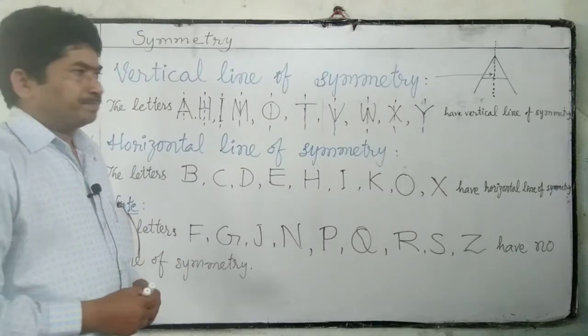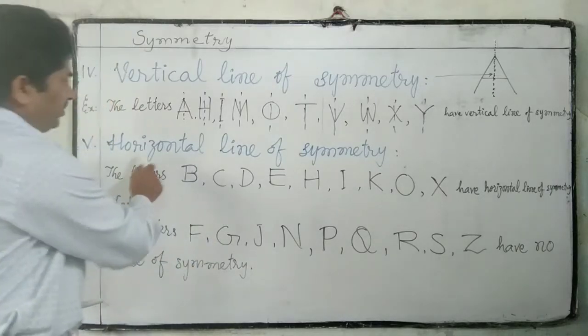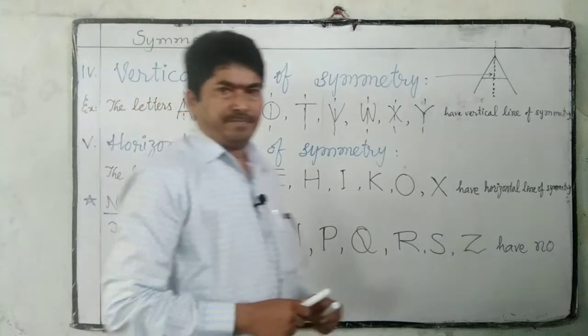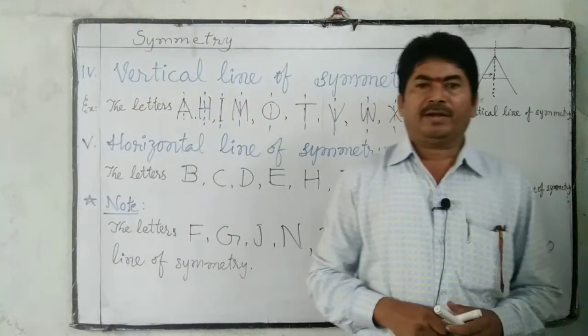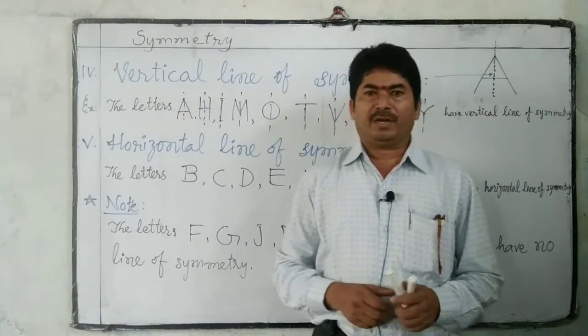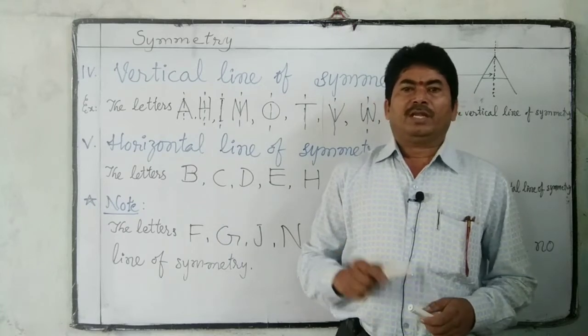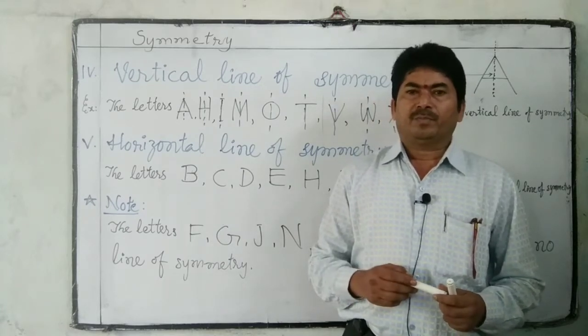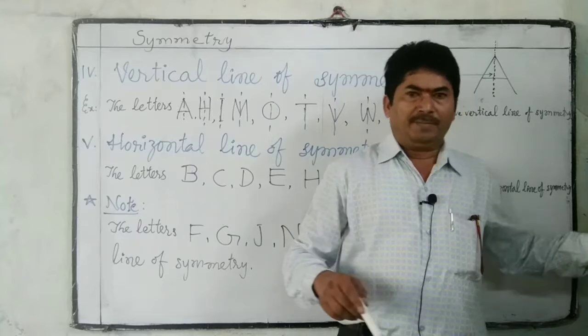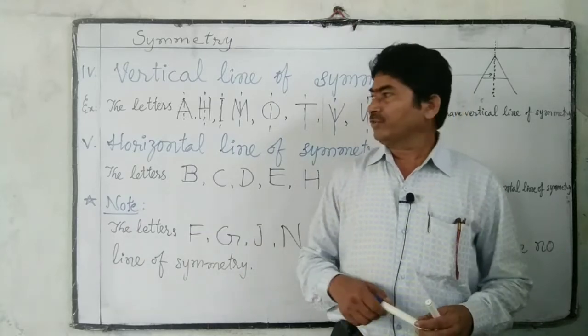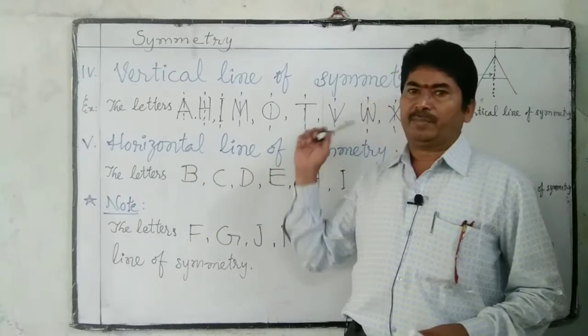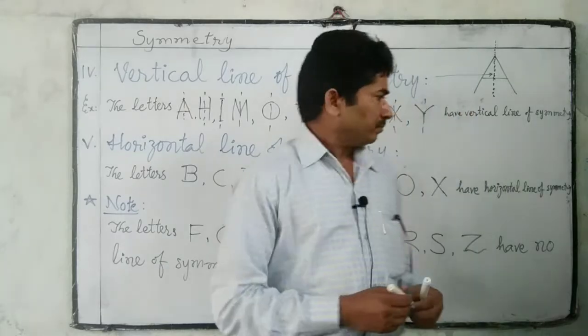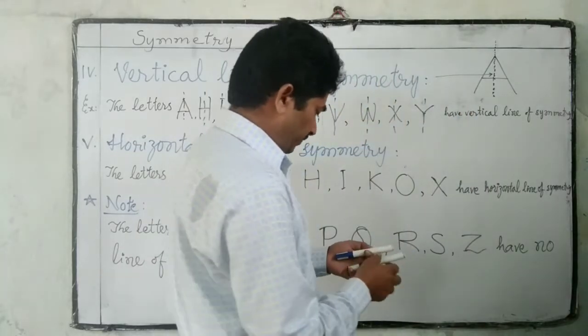So understood. Next, horizontal line of symmetry. What is a horizontal line of symmetry? The line which divides from left to right is called horizontal line of symmetry. Let us observe in this figure.